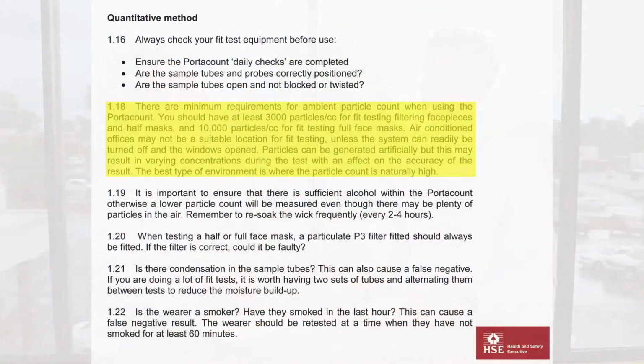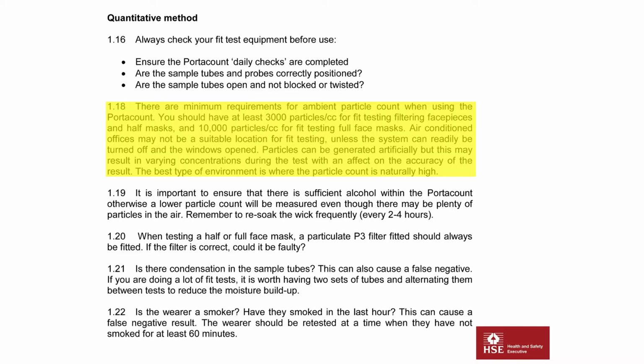Now, when it comes to environmental dependency of that technology, one of the first things that you're going to want to start with is the particle count required in the ambient air to run the device effectively. So what we'll do right now is we'll pull up the HSE standard, which is a regulatory body based out of the UK, and you'll see that if you're going to be testing a half-face respirator, you need to have 3,000 particles per cc.